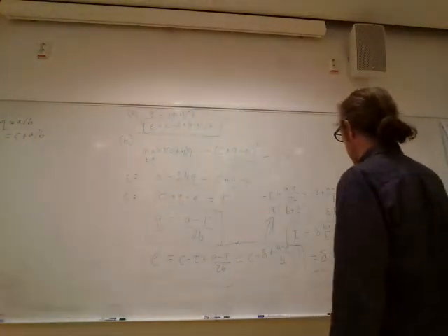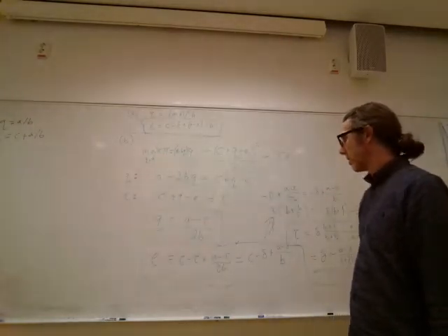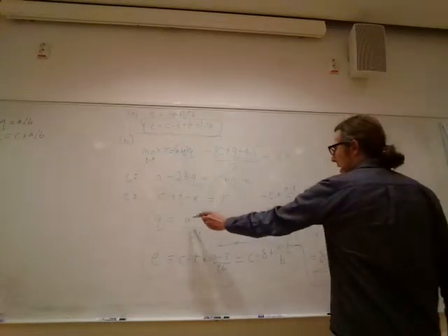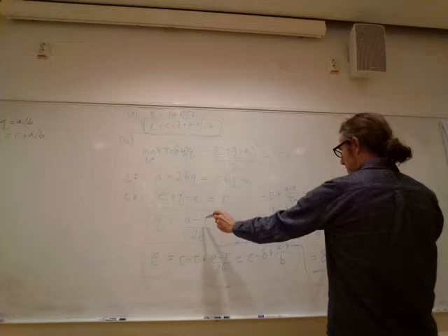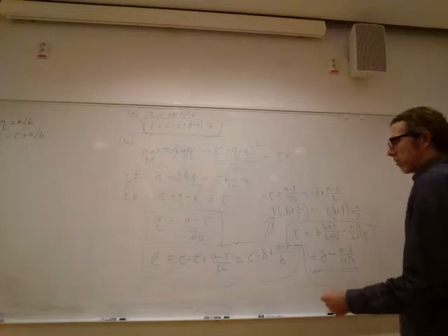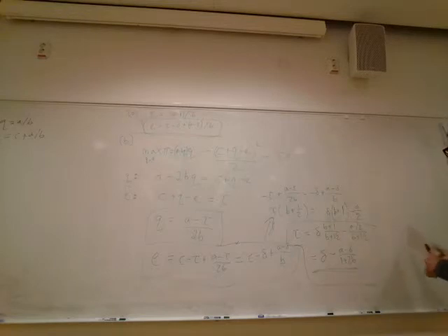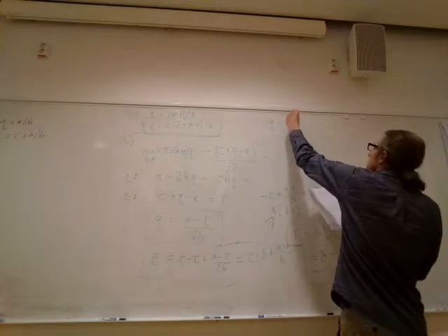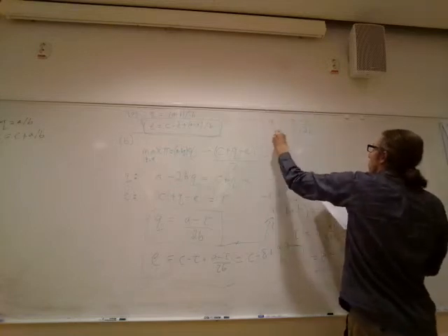Okay, so that's the tax rate, and we can stick that into the solution for the quantity. What do we get then? We get a minus delta over 2b minus this lot over 2b. Turns out that simplifies out, and we get q is a minus delta over 1 plus 2b.